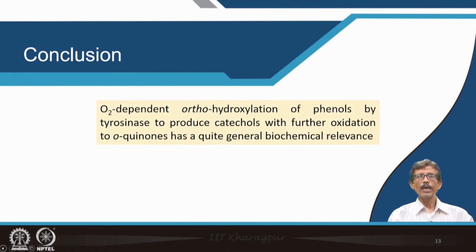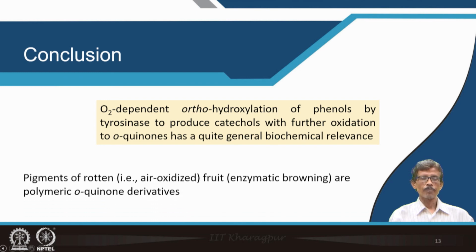So, what we have seen, whatever we are talking about, is nothing but the typical enzymatic ortho-hydroxylation reactions. In organometallic chemistry, in many other parts, we also study ortho-hydroxylation reactions. They are not only hydroxylation reactions, but we can also go for the quinone formation, your melanin formation, which are very important in all these studies in the biochemical world.